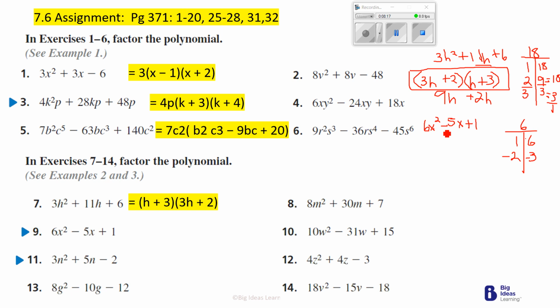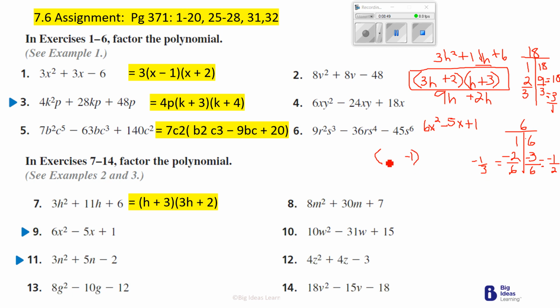Now I'm going to go ahead and divide both of these by 6, that coefficient that's in front. When I do this, I can reduce this one to negative 1 over 3, and I can reduce this fraction to negative 1 over 2. And now I can make my 2 terms again. Well, remember, the negative 1, the numerator, is going to become my constant.